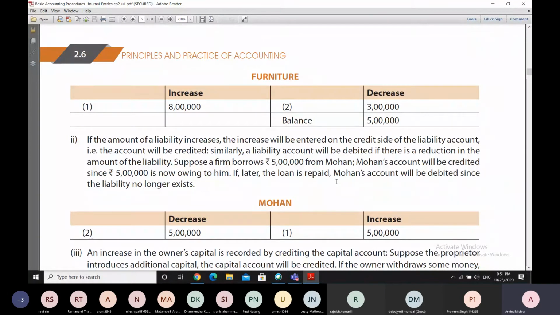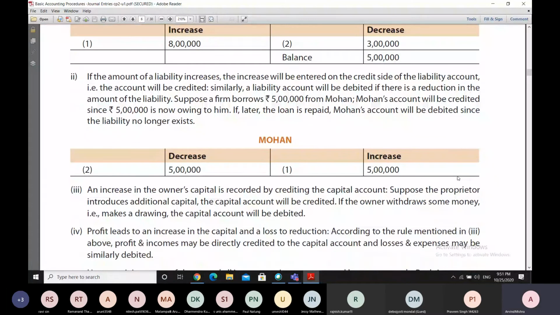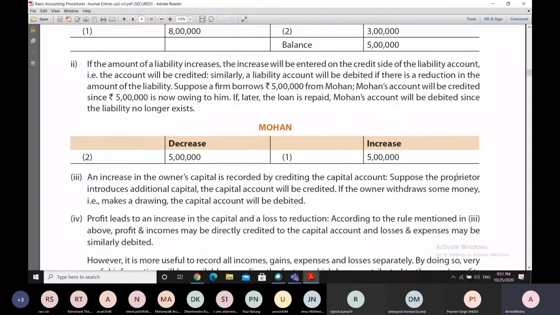So the liability has increased. Supposing later on we repay the loan to Mohan, Mohan's account will be debited by the repayment, and if the entire loan is repaid, then nothing will remain in Mohan's account because it will be debited by the same amount as the credit. So Mohan's account will have no balance after the loan is repaid to him.